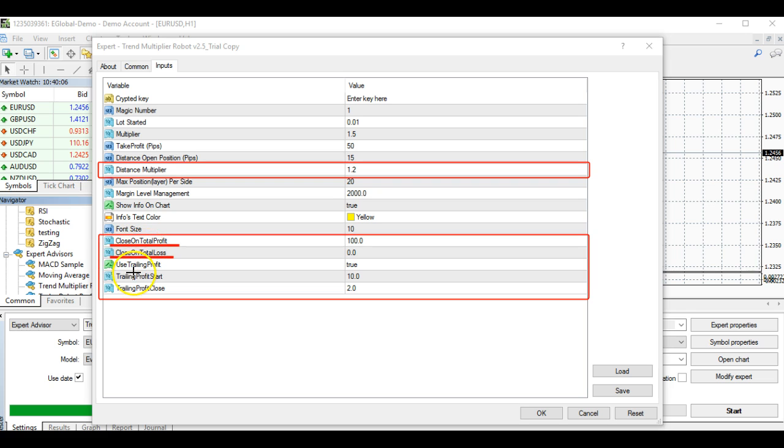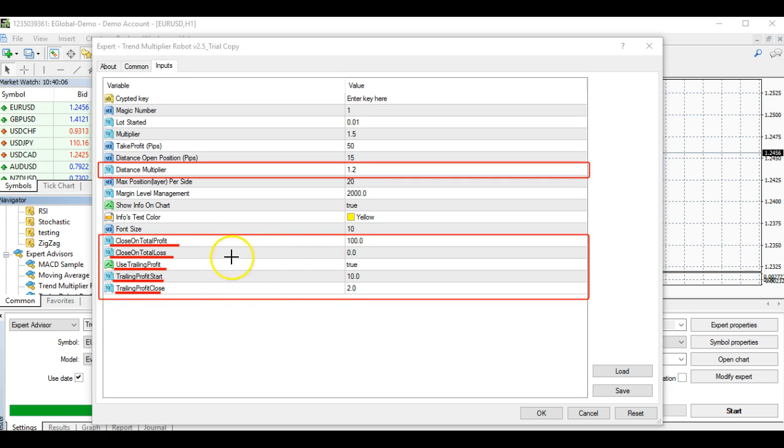All right. So we have added as well the use trailing profit. This is a really good feature. Under trailing profit, we have a trailing profit start and trailing profit close.